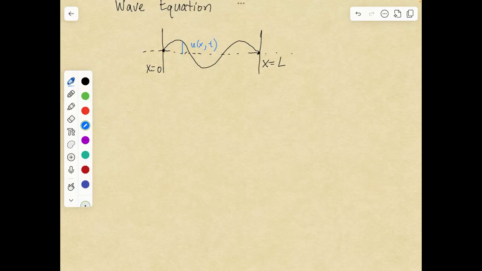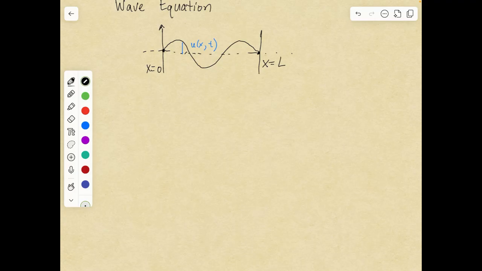So this height will be u of x,t. So u could be positive or negative. And the question is to find a formula for the displacement of the wave at position x and time t.